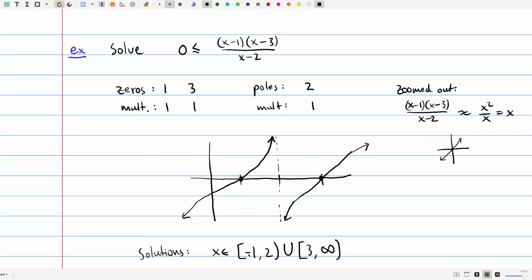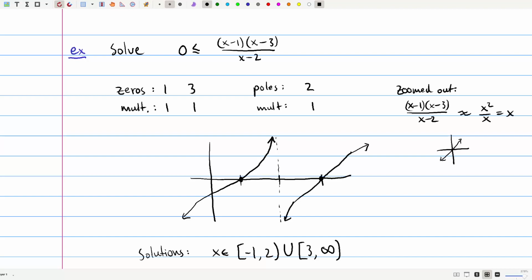So from 1 to 2, that is when it is at or above, where we include 1. And so we include 1 and exclude 2, and then we include 3. So on a number line, what would this look like?